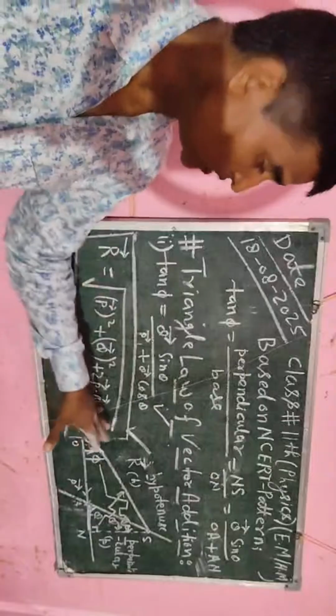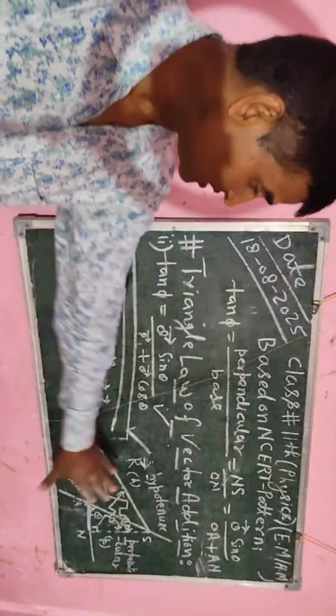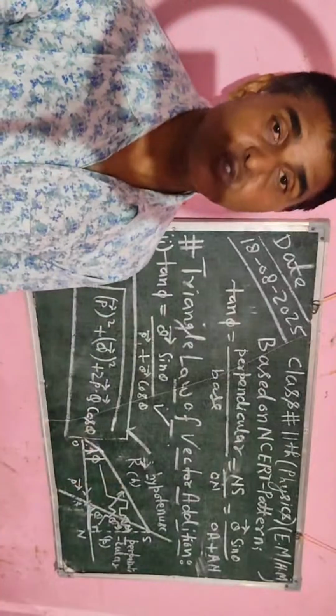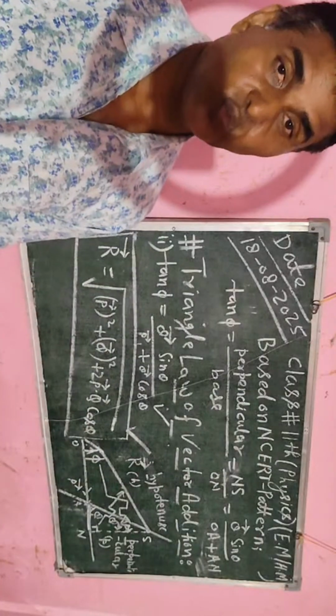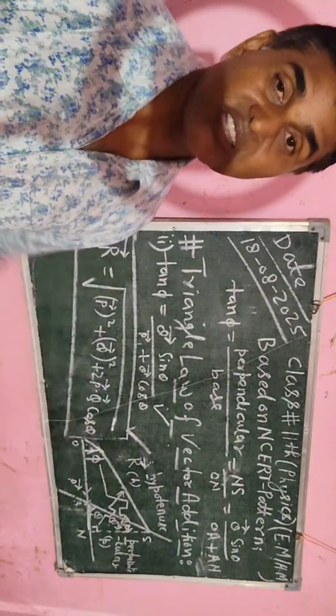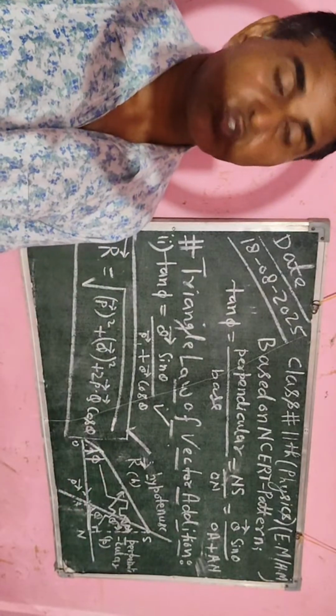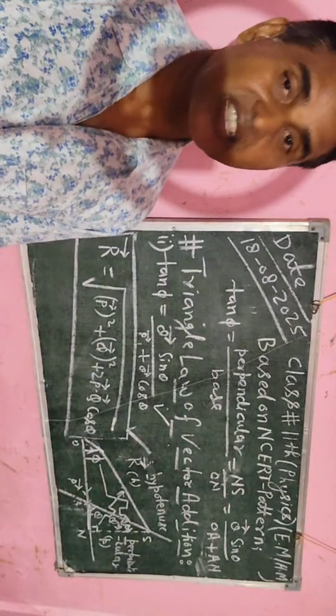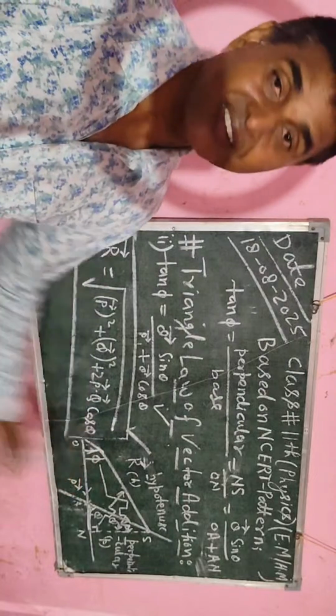Okay, and the concept will also be clear, because this diagram is very important. If you understand this diagram, your trigonometry concept will be clear, because there are 6 trigonometrical ratios. All trigonometrical ratios are defined and explained with the help of a right angle triangle.